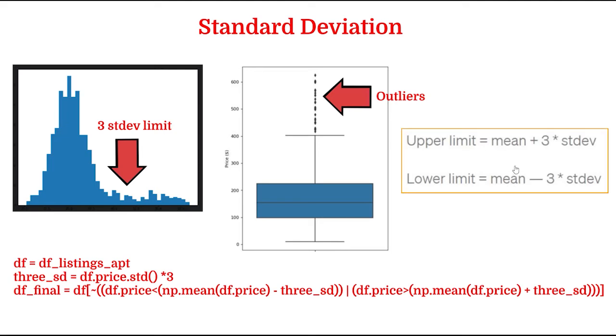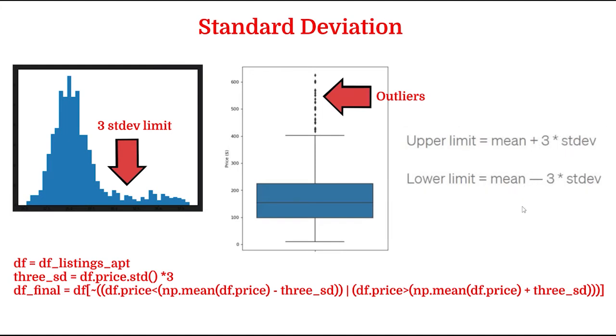Therefore, we can set the limit depending on our interest or need. For example, we can set our upper limit at mean plus 2 standard deviations if we want to be very stringent, or at mean plus 3 standard deviations if we want to open up the spec a little bit.